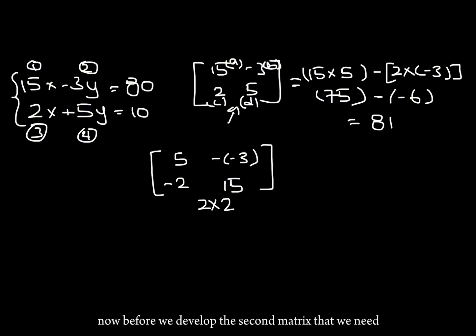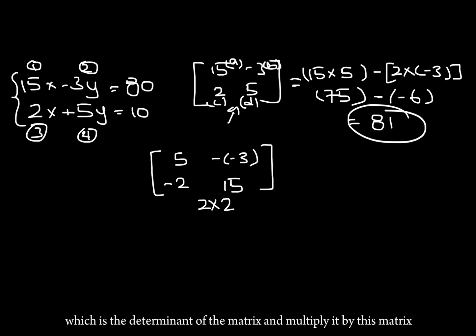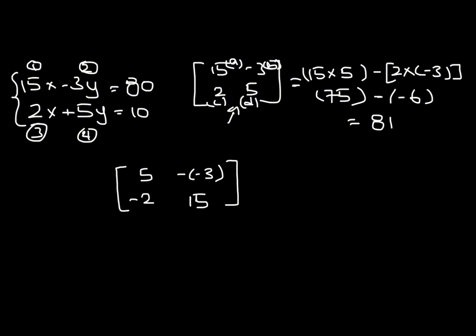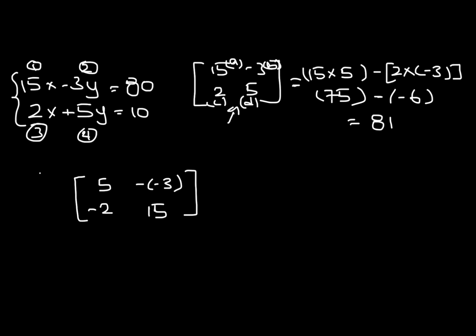Now, before we develop the second matrix that we need, we have to take 1 over 81, which is the determinant of the matrix, and multiply it by this matrix. Let's go ahead and do that. One over 81.